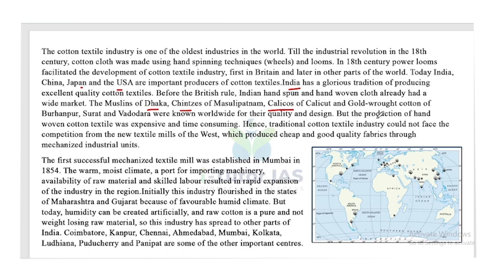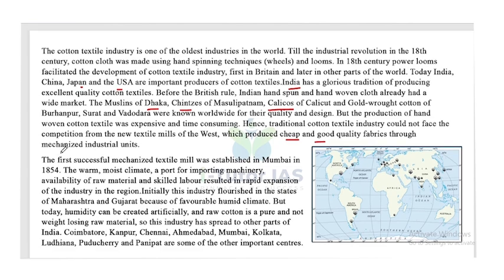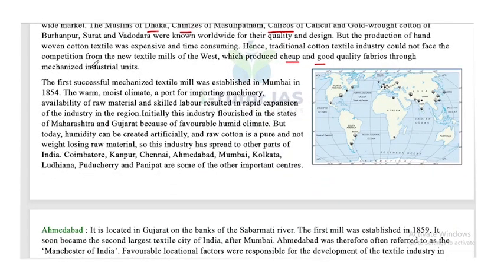But the production of hand-woven cotton textile was expensive and time consuming. Hence, traditional cotton textile industries could not face the competition from the new textile mills of the West, which produced cheap and good quality fabric through mechanized industrial units. Okay, that is because of the Industrial Revolution.